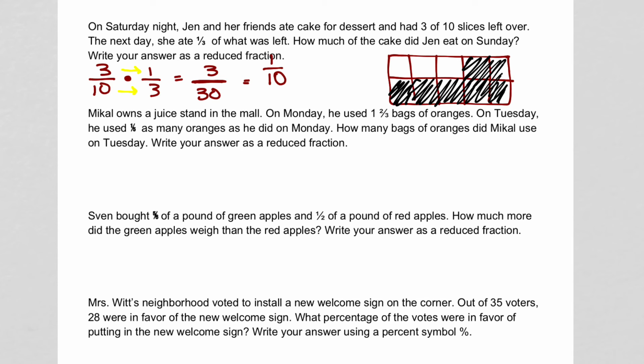And then she's going to eat 1/3 on that last day. Well, it's kind of already divided into thirds right here. There's 1, 2, 3 pieces. And if she eats 1 of those, then she's eating 1 of the 10 original pieces, 1/10. Okay, that was kind of a side story. Sorry for that. It just kind of struck me.